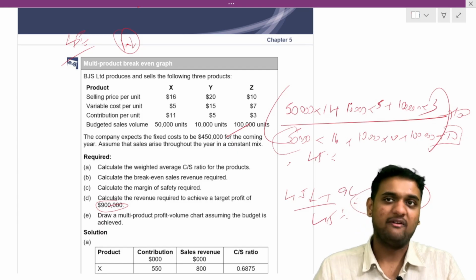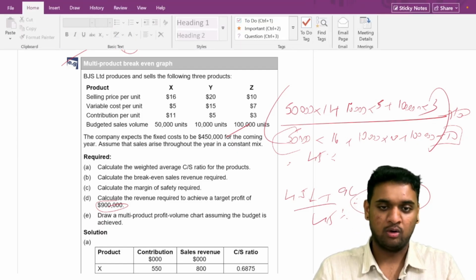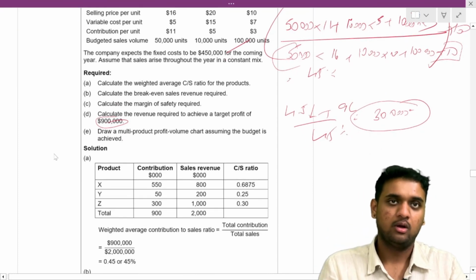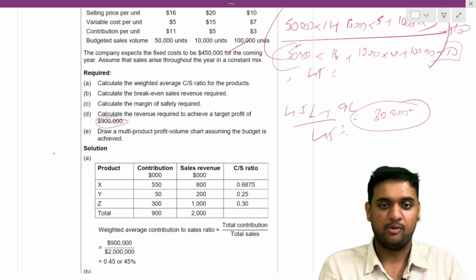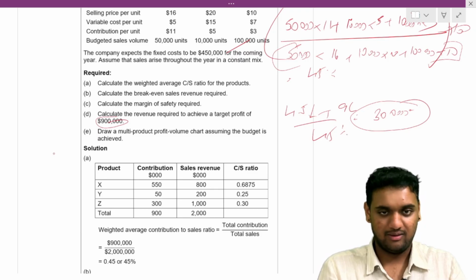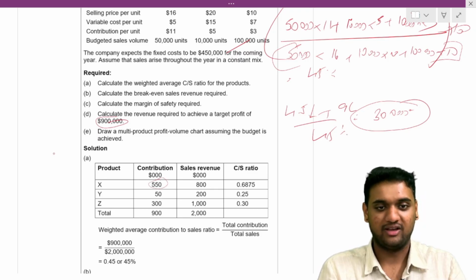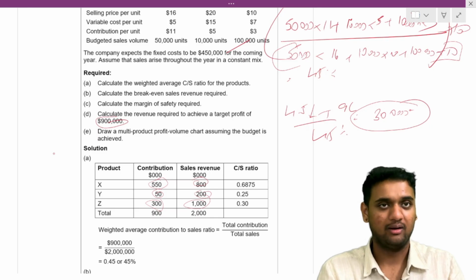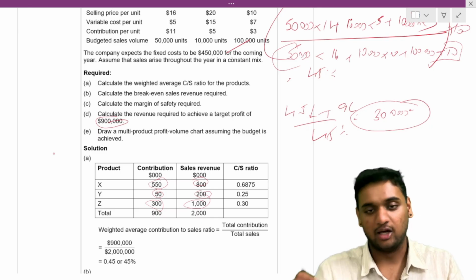To do the multi-product PV chart, first you have to come down to solution A. They have given one table, the total contribution and total sales. 550 is the contribution of X, 8 lakhs is the sales of X, 50 is the contribution of Y, 200 is the sales of Y, 300 is the contribution of Z, and 1000 is the sales of Z. First, write that down.